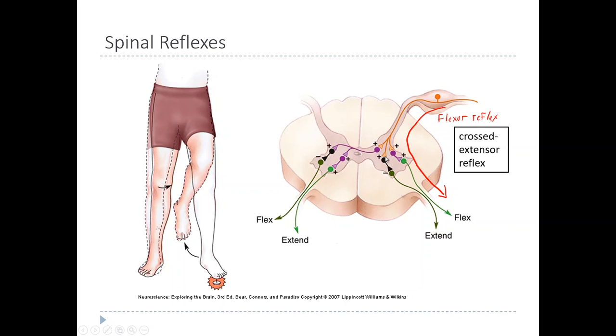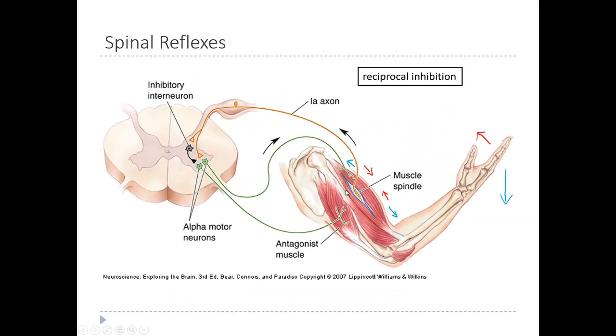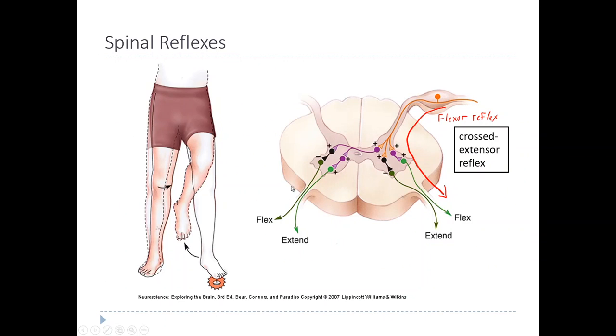But then at the same time, you have that same neuron activating an inhibitory interneuron, which will then synapse onto the motor neuron which controls the extensor muscle for the same leg. And that should look familiar because it's exactly the same thing as this reciprocal inhibition mechanism.